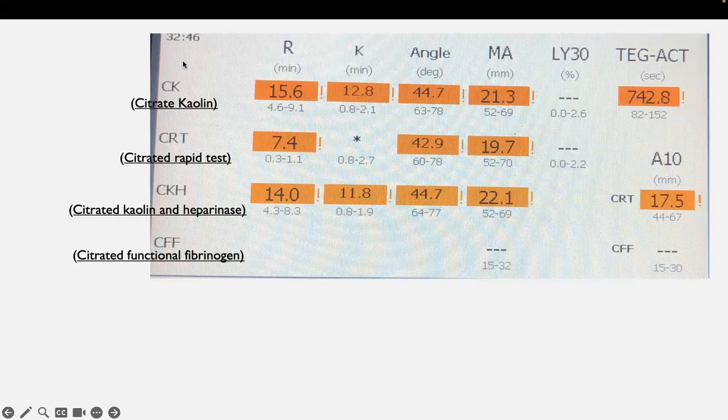Okay, so what we have on the left here, basically with all those cartridges, you put in an external clotting activator like kaolin. So kaolin, it's actually a clay. It's a clay that stops one from bleeding. So they put it in these cartridges, a small amount, and in the CK arm, yeah, it's your citrate kaolin arm.